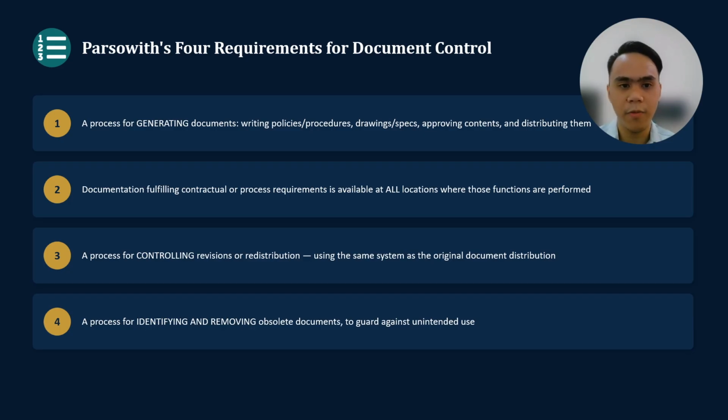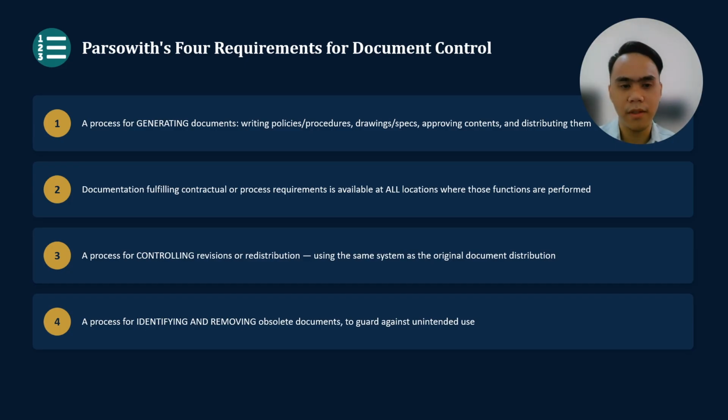This includes the writing of policies and procedures, drawings and specifications or other required documentation, approval of contents of these documents, and the distribution of documents once approved. So this single requirement covers the creation, the approval, and the distribution altogether. A document that's written but never formally approved, or approved but never actually distributed, has not satisfied this requirement.